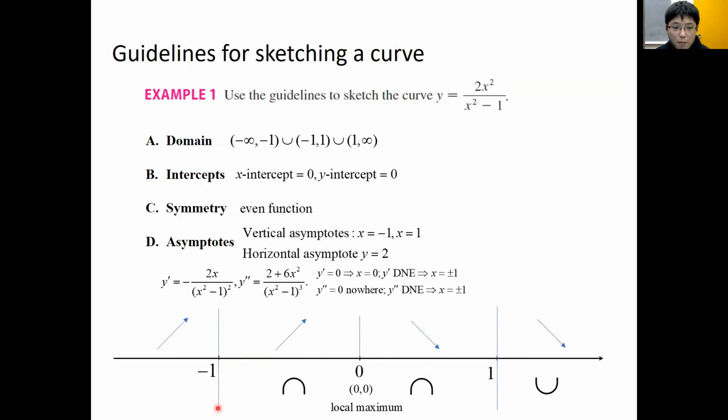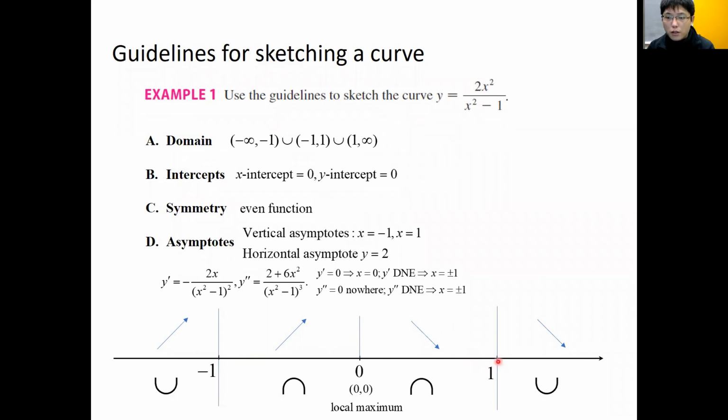Finally, when x is less than minus 1, the denominator is going to be positive. With the positive numerator, the function is going to be concave upward because y double prime is positive. Okay, so this is the analysis of concavity. And notice that minus 1 and 1 are not in the domain, so they are not inflection points.